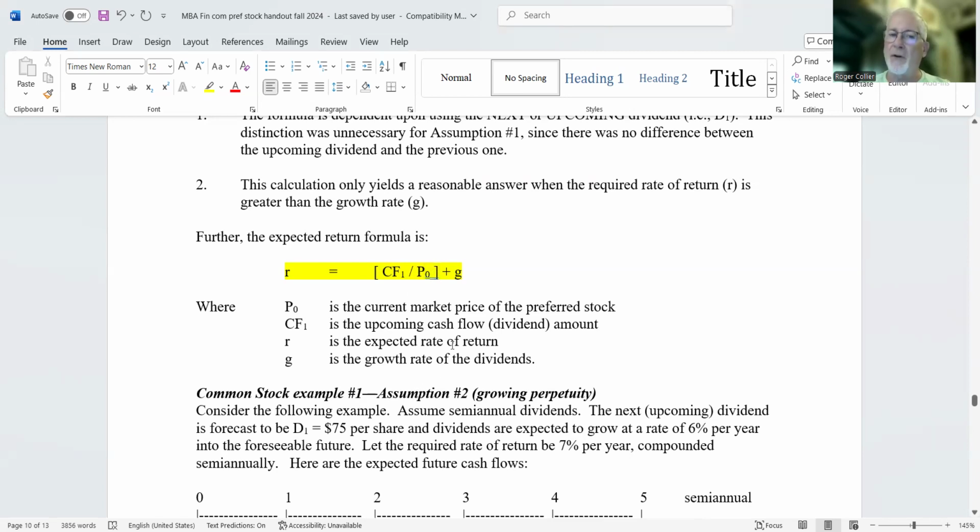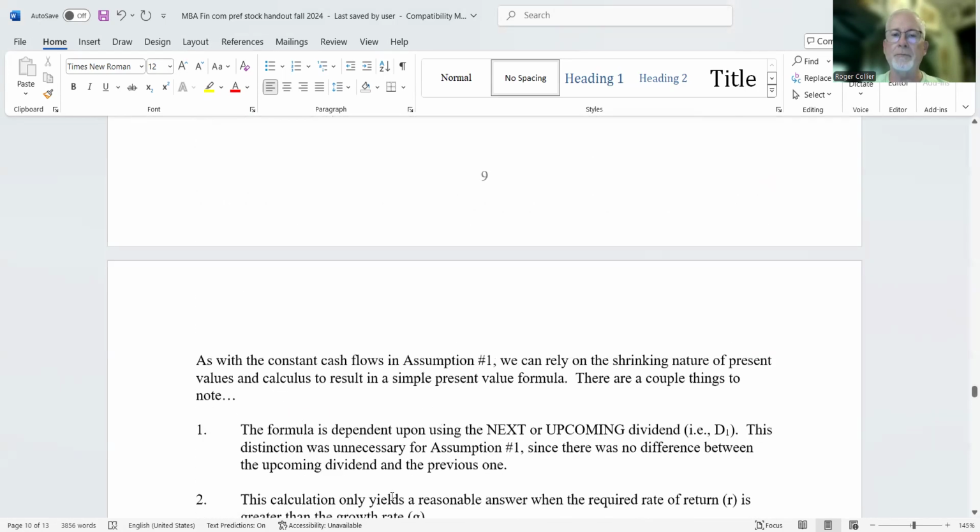Don't do that. First, you have to add G. That's the mistake that happens more often than anything else in this growing perpetuity: doing the calculation and forgetting to add G. So be careful. Don't forget G.